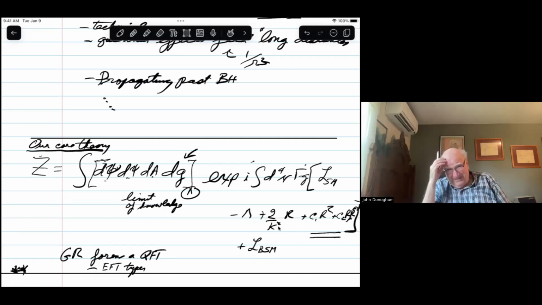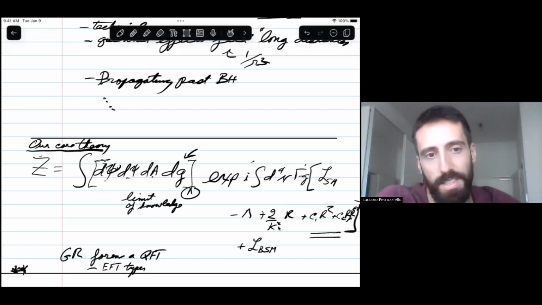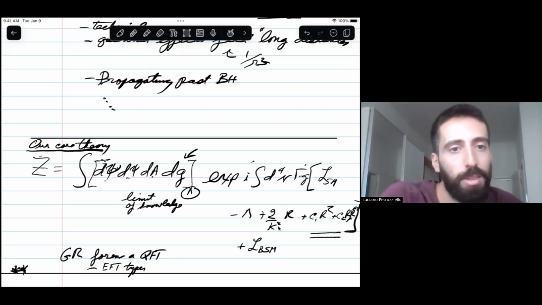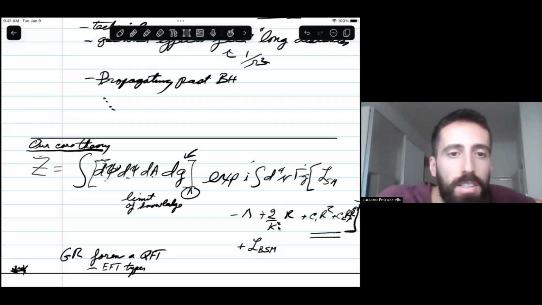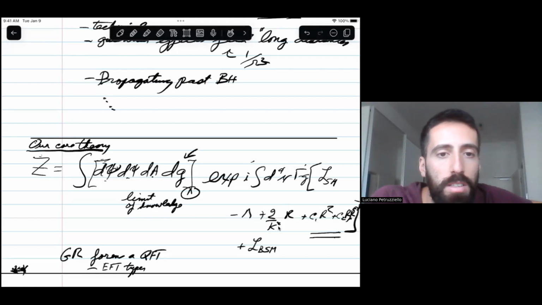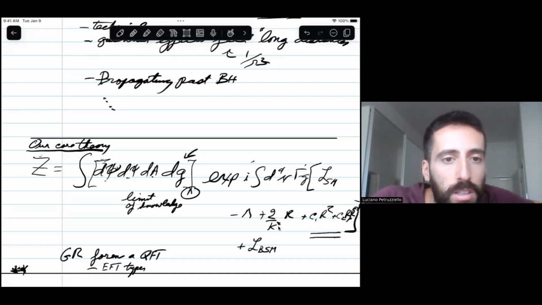There was one last question, which says, in black hole thermodynamics, there's a procedure by which a modified statistics can encode quantum corrections that can be rewritten into the metric. Is this valid?